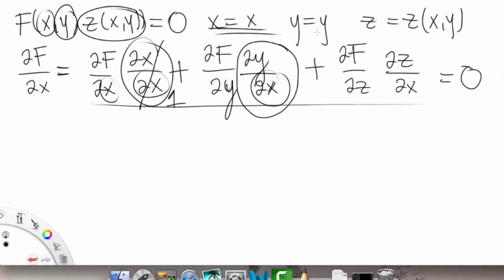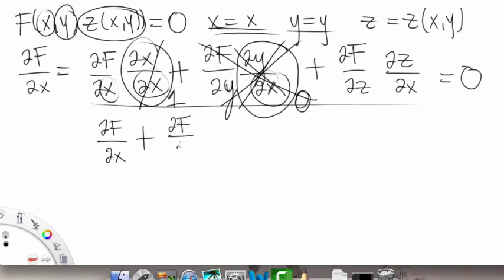We started off by saying that x and y are independent, so this term is 0. So this whole middle term goes away. What we're left with is partial f, partial x times 1, plus partial f, partial z times partial z, partial x, is equal to 0.